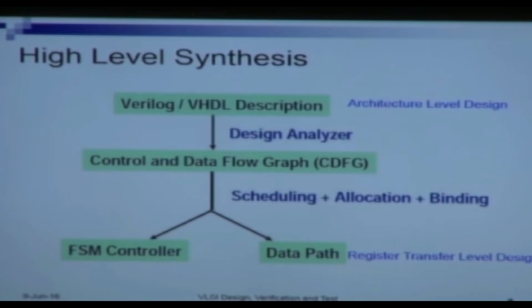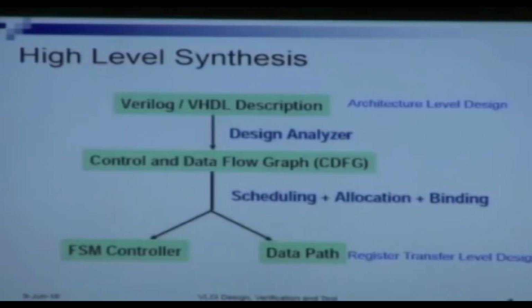So for the hardware, at the beginning of the architectural synthesis step, we will have a set of concurrent communicating processes. Each such process will be described formally using a high-level hardware description language program in Verilog, VHDL, etc. And the high-level synthesis step will take it from the architectural level design and will end up into a register transfer level design.